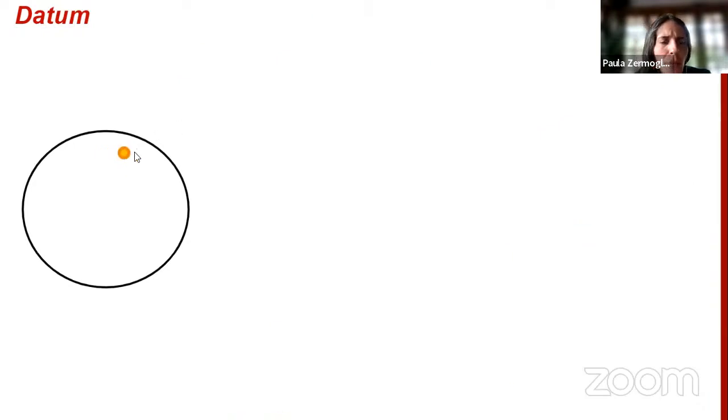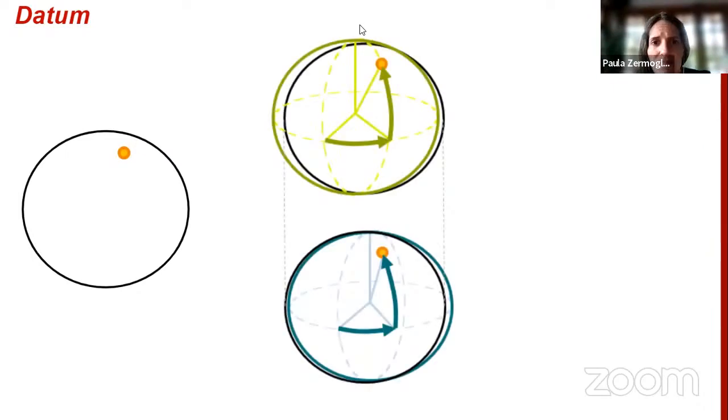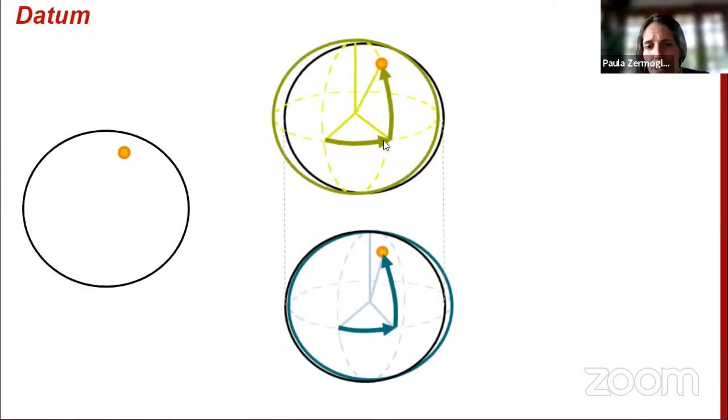And so if we have a point on Earth, a real point, and we want to represent that point in a given datum, we would have coordinates. Remember that the coordinates are angular distances. Latitude is the vertical angular distance with respect to the equator, and longitude is also an angular distance with respect to a prime meridian.